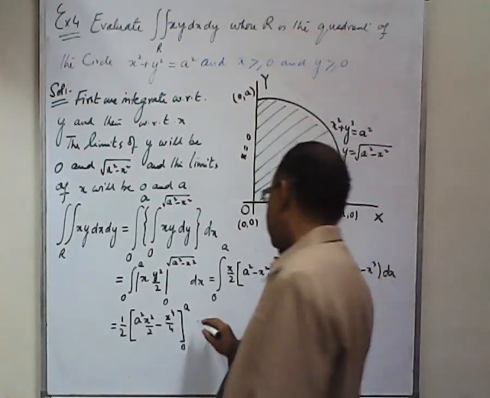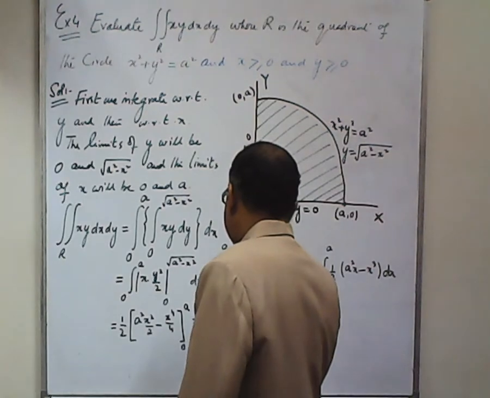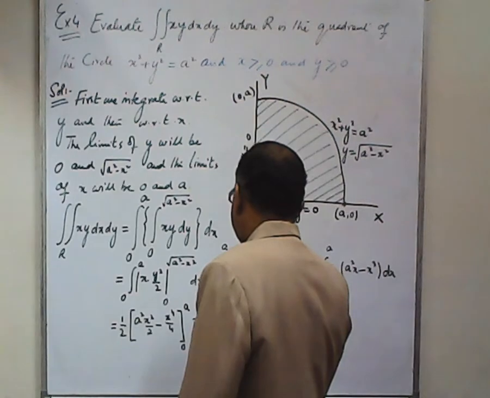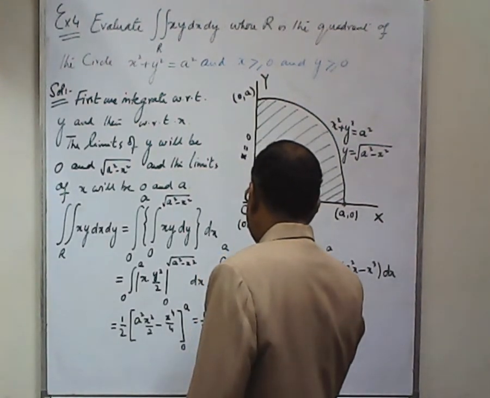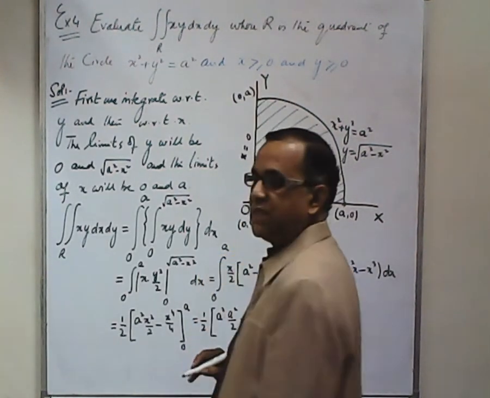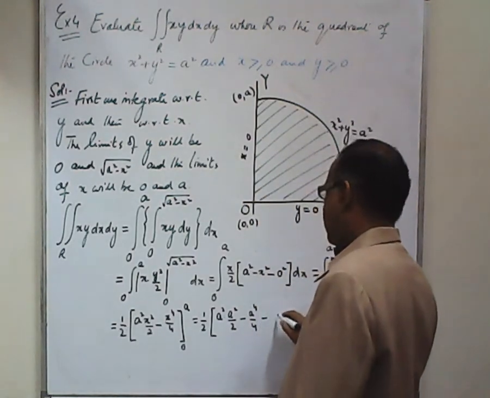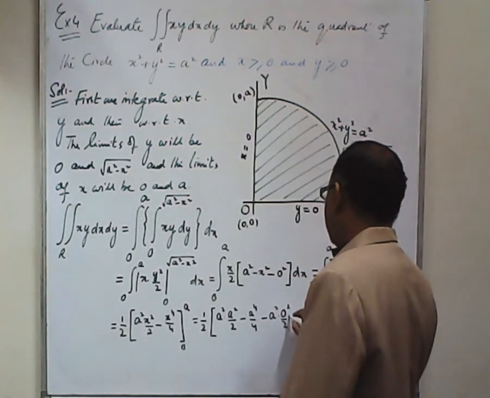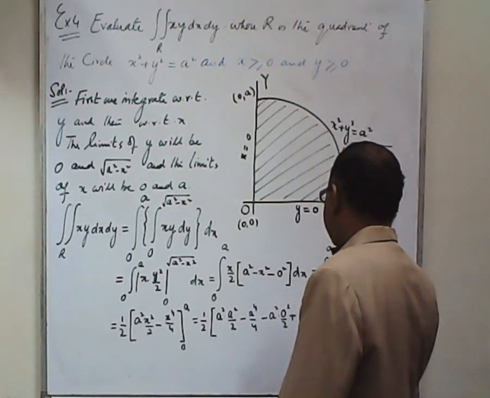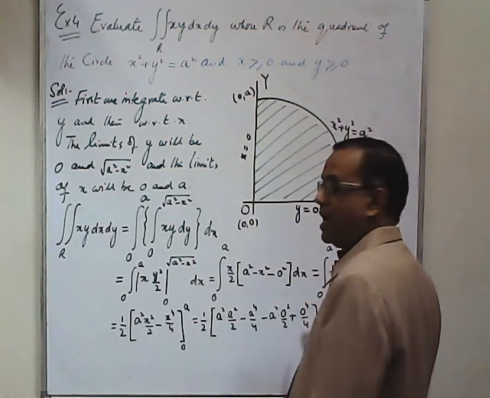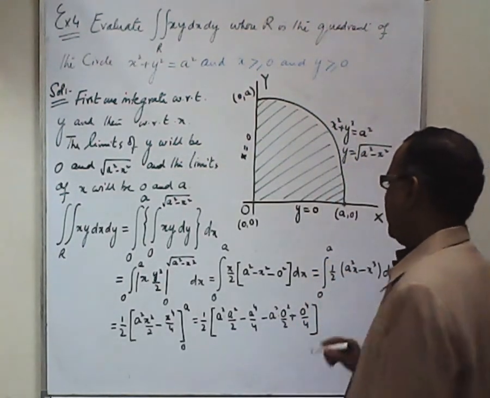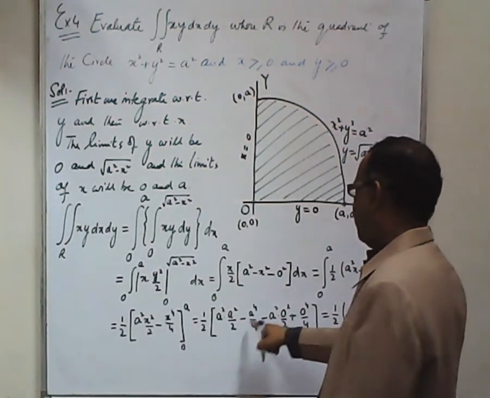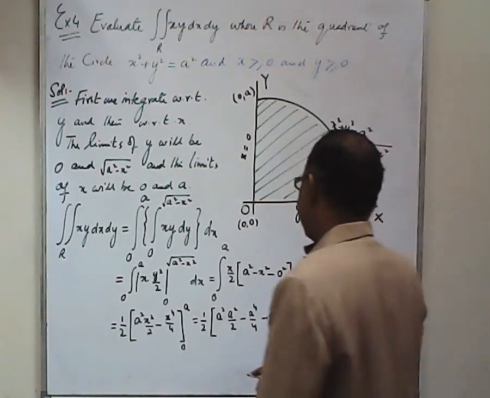So now on substituting the limits, this is half, this is a square into a square by 2, this is upper limit, minus a power 4 by 4, this is lower limit, and then minus a square into 0 square by 2 and plus 0 power 4 by 4. So upper limit minus lower limit. So it means we only have half a power 4 by 2 minus a power 4 by 4.